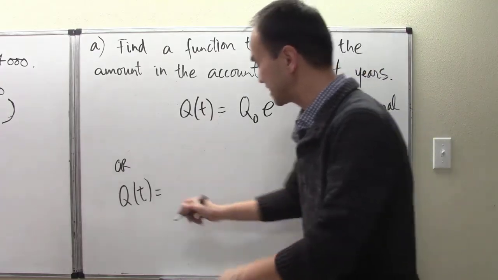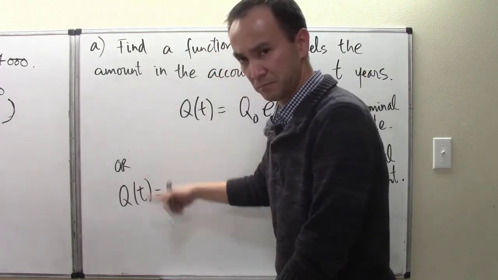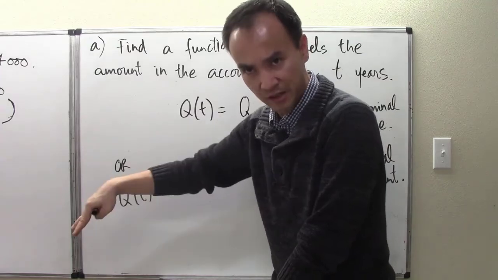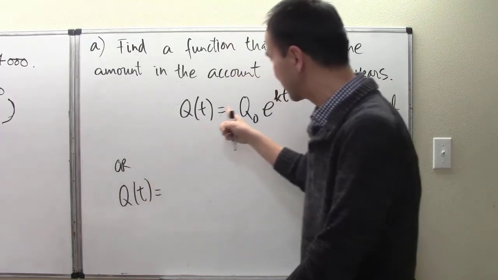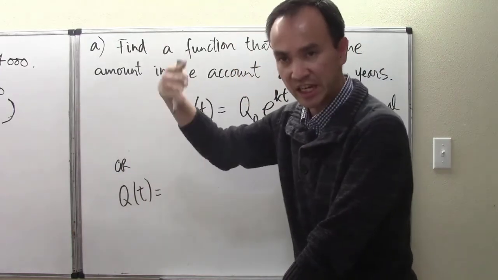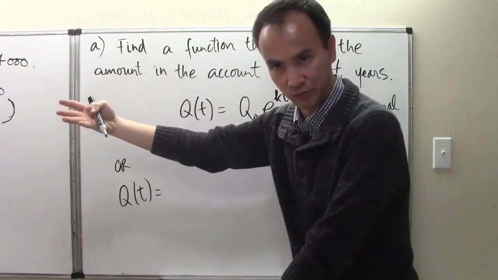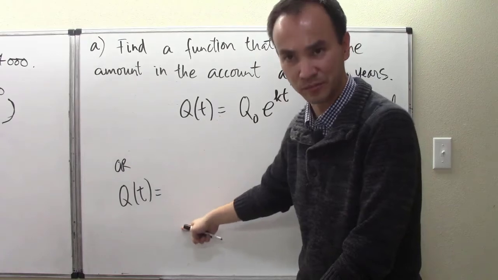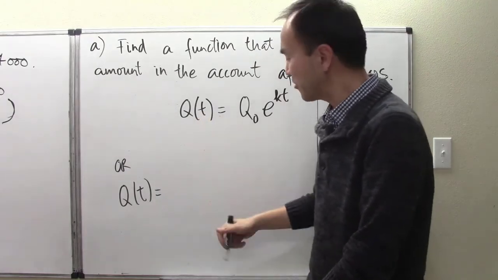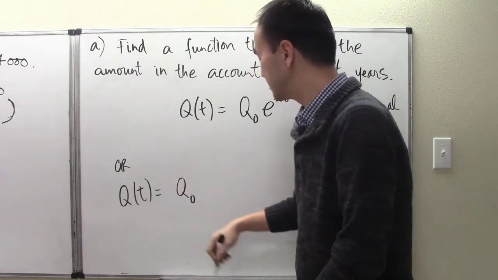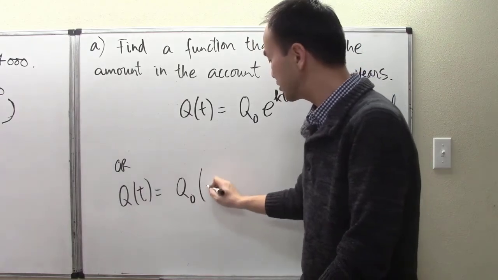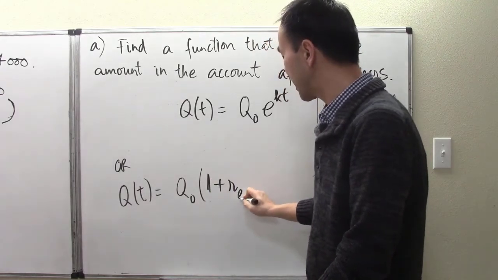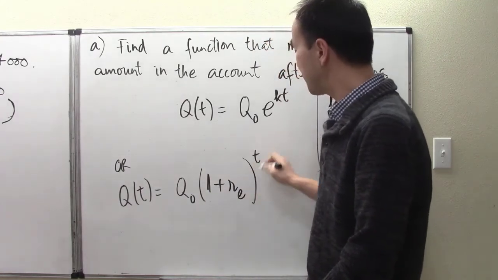But prior to this example, we also learned that even with continuous growth for our money, we can still have two different forms of our modeling function. Another form can be q sub 0 times 1 plus the effective rate raised to the t power.